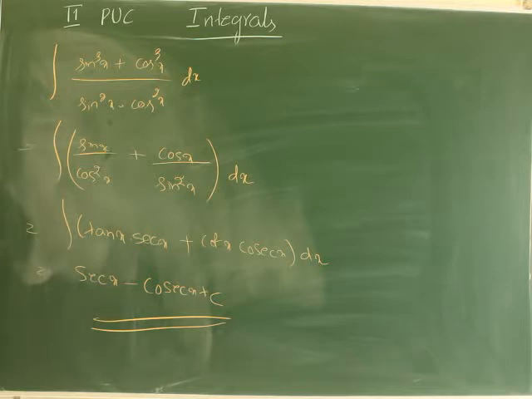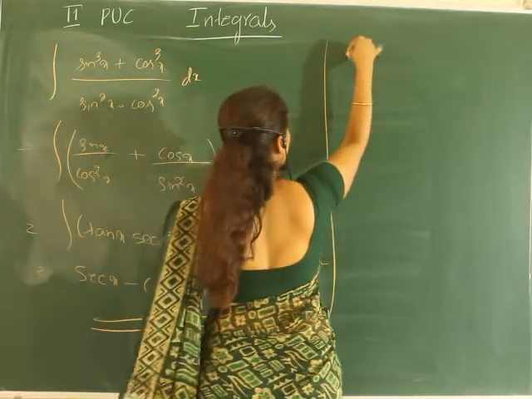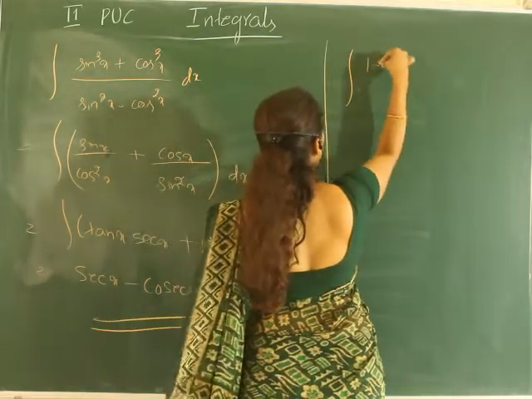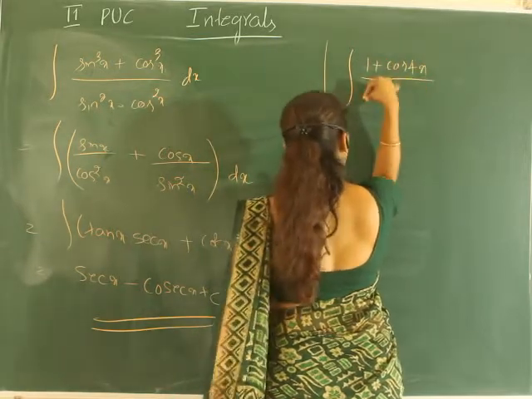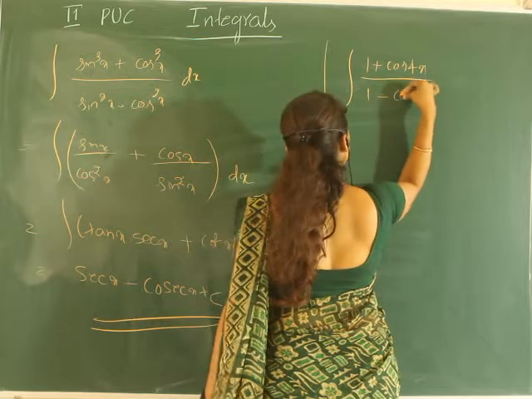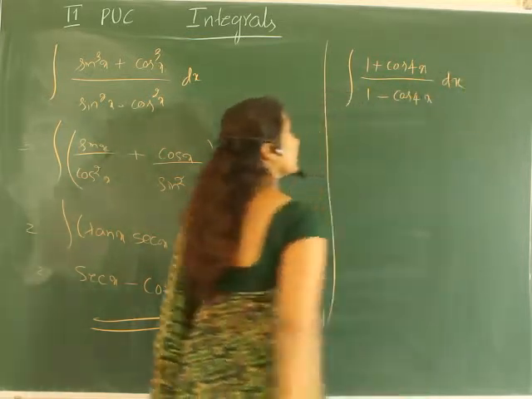Next one, integral of (1 plus cos 4x) divided by (1 minus cos 4x) dx.